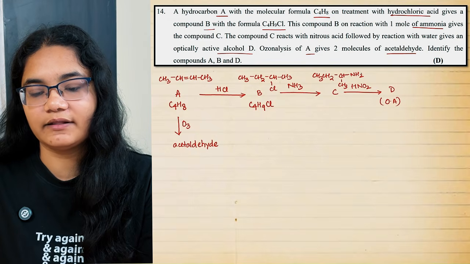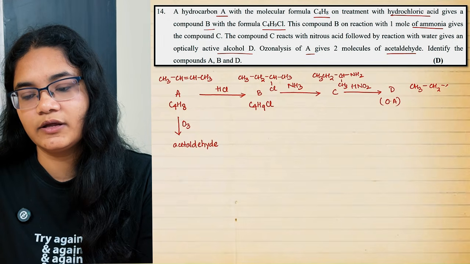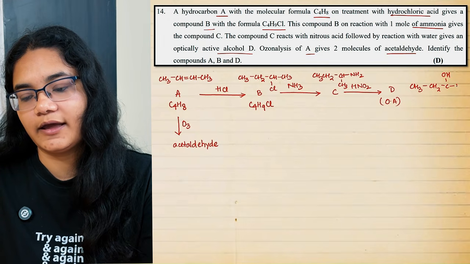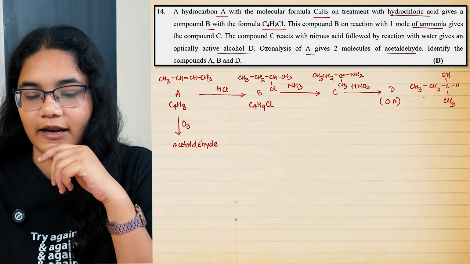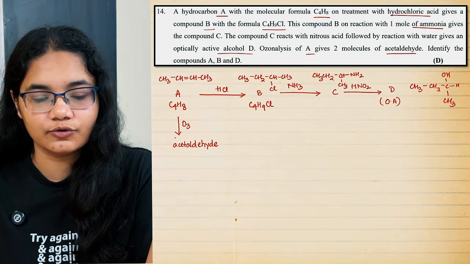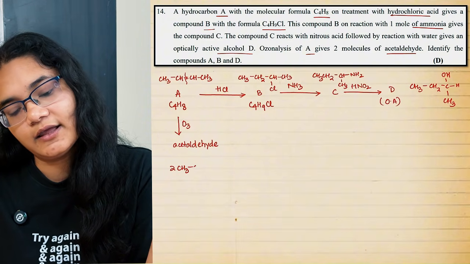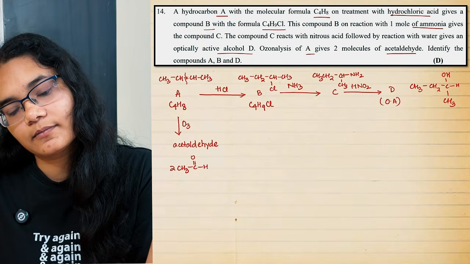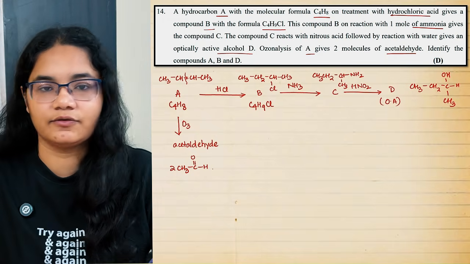Now on treating with nitrous acid, this gets converted to the alcohol CH3CH2CH(OH)CH3, so an optically active alcohol is formed here. Now on ozonolysis, the double bond will break and you will get 2 molecules of CH3CHO. So that's how the reaction will take place.